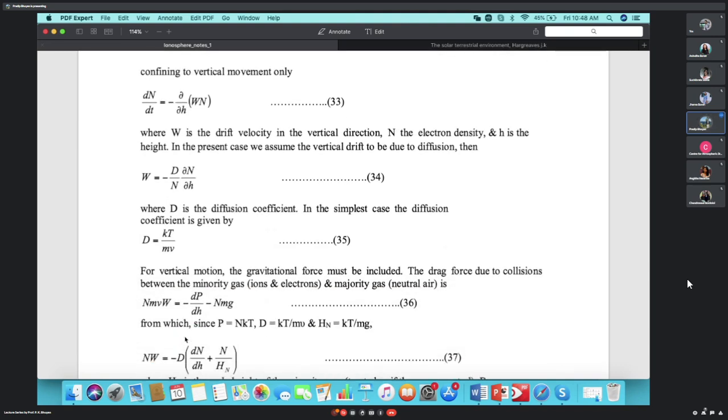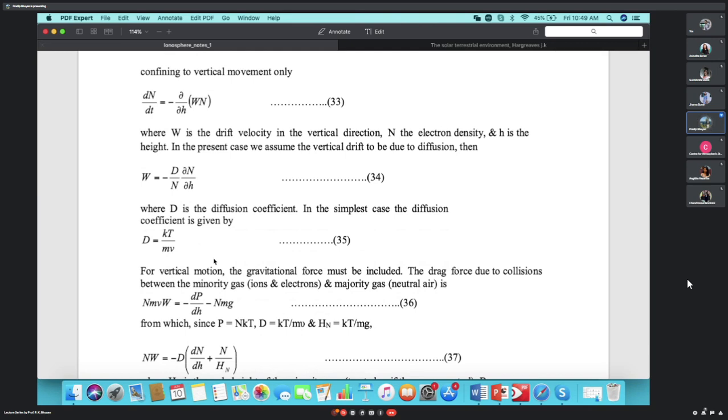So when the vertical motion is there, you cannot neglect the effect of gravity. Because if it is going upward, then gravity will try to pull it down. There will be a drag. If it is coming downward, then gravity will add to the motion or velocity.